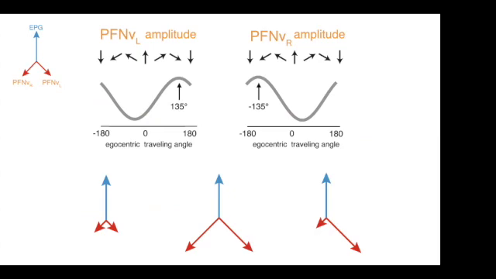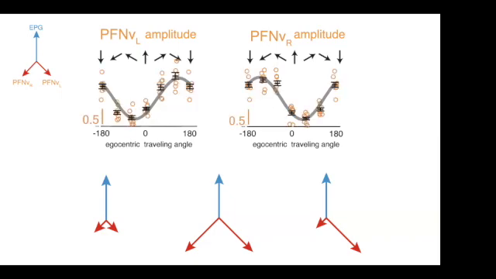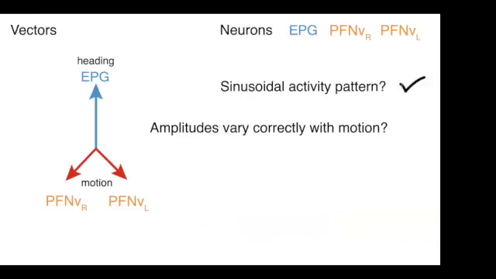This is a different cosine now, remember. The basic activity pattern is a cosine shape across the structure, but now we're talking about the amplitude of that cosine as a function of the drift angle, and that's another cosine. And you can see the data very beautifully fit this idea. So when the vectors vary in length, the amplitude of the corresponding sine waves seems to be varying exactly as you would predict.